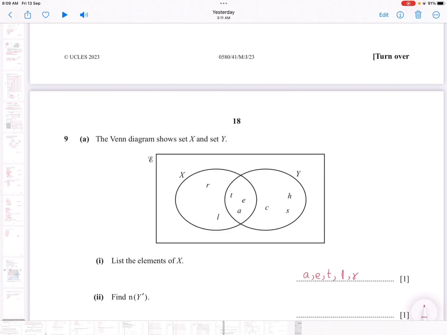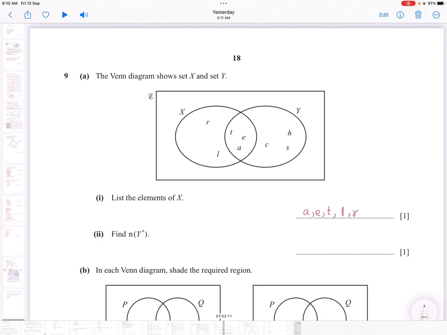So other than y is your R and L. So R and L are 2 elements. When he says n of y complement, n means the number of elements.